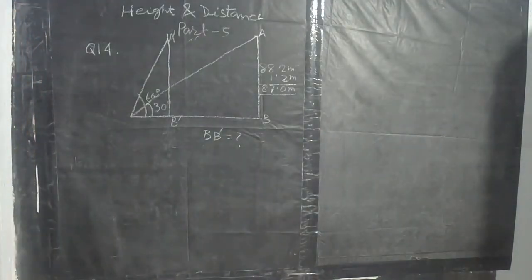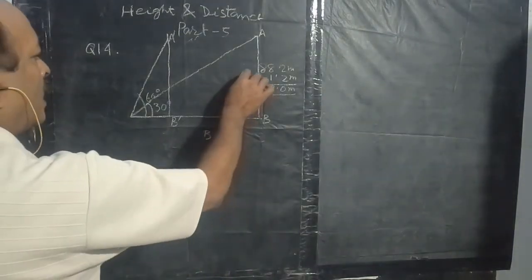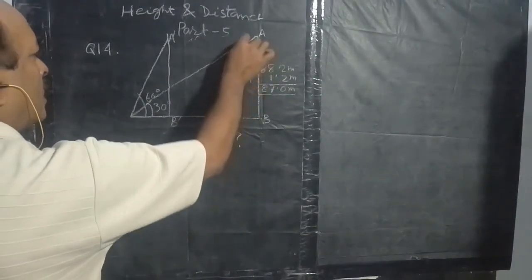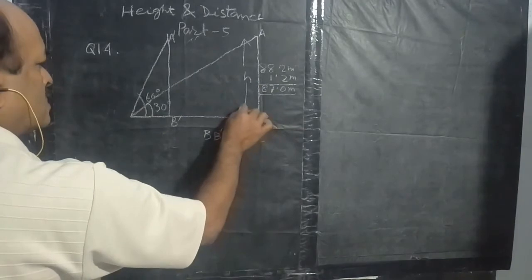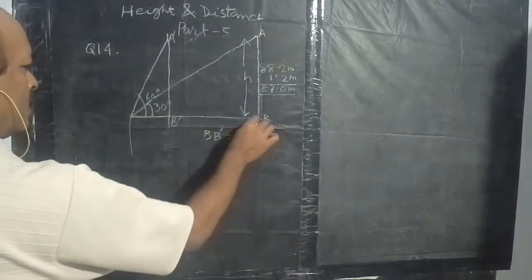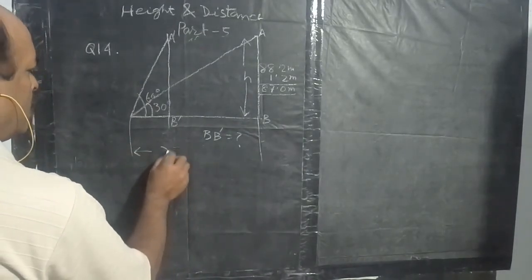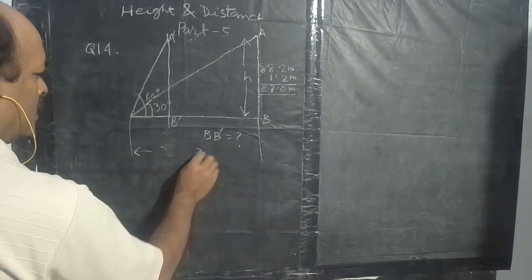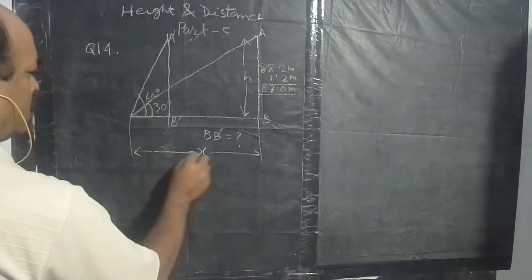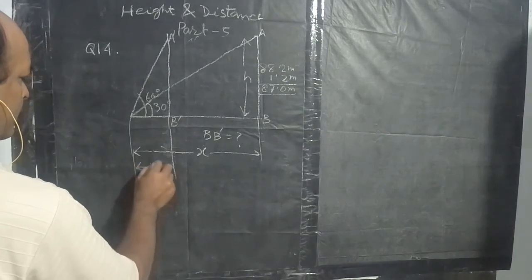Very simple question. Now, to generalize the question, this height I consider as h. And the first distance, the longer distance, we consider as x, and the shorter distance we consider y.